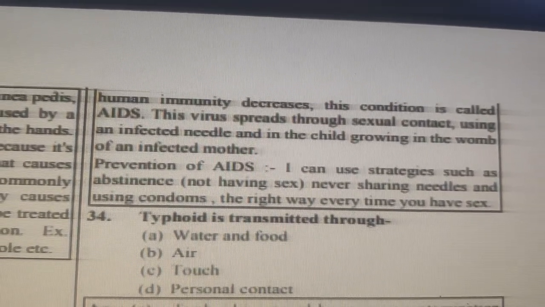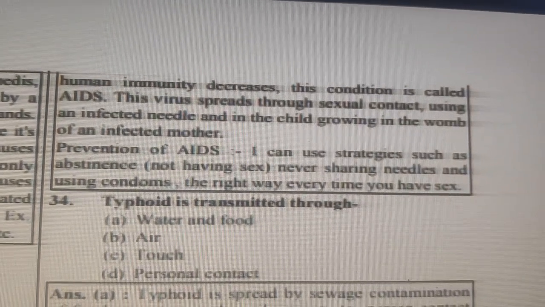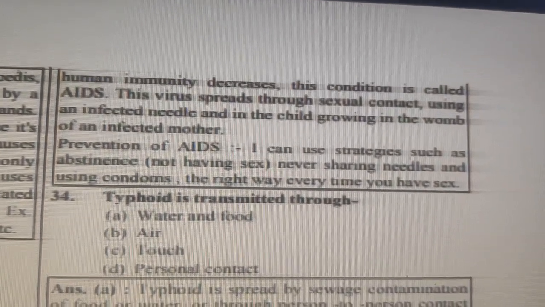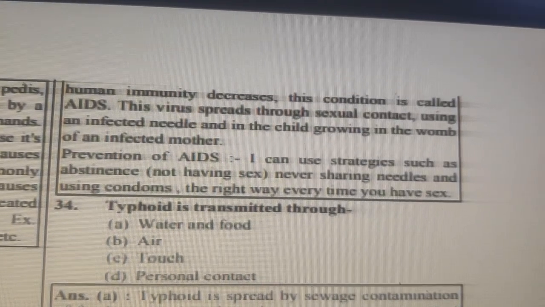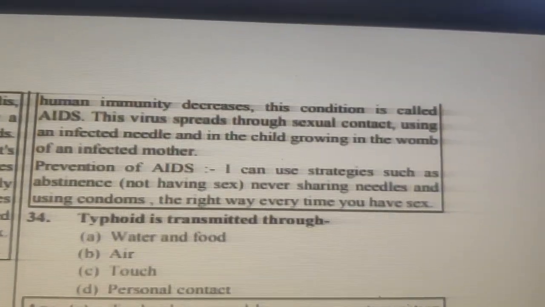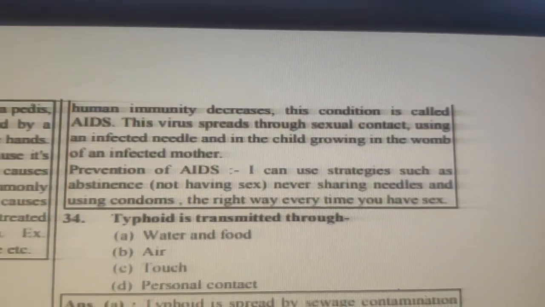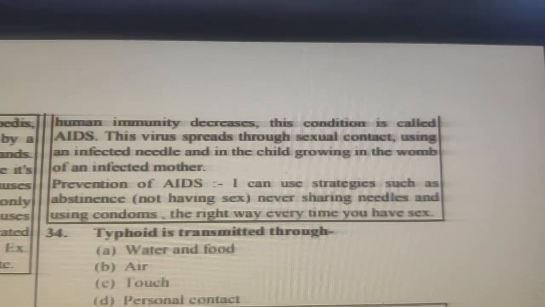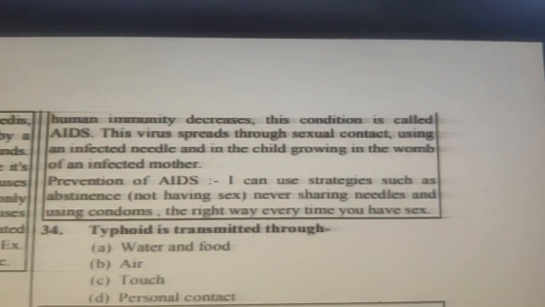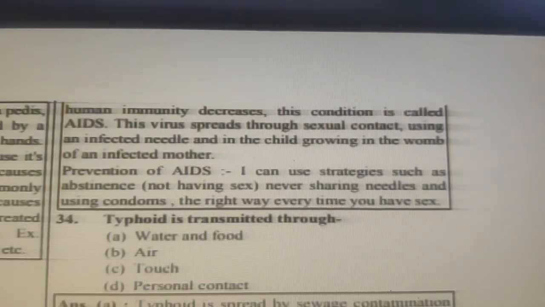The virus spreads through sexual contact, infected needles, and from an infected mother to the child growing in the womb. Prevention of AIDS: abstinence, not having sex, never sharing needles, and using a condom the right way every time you have sex.